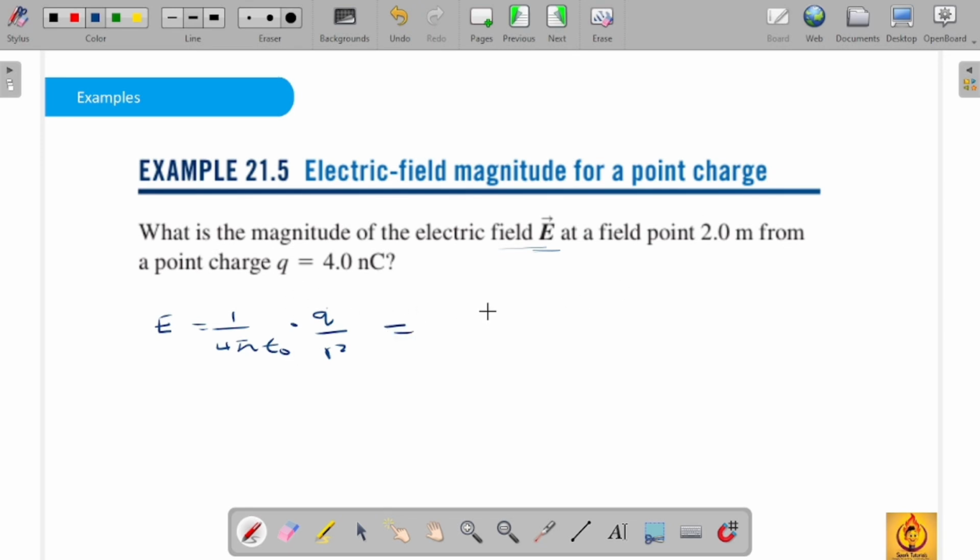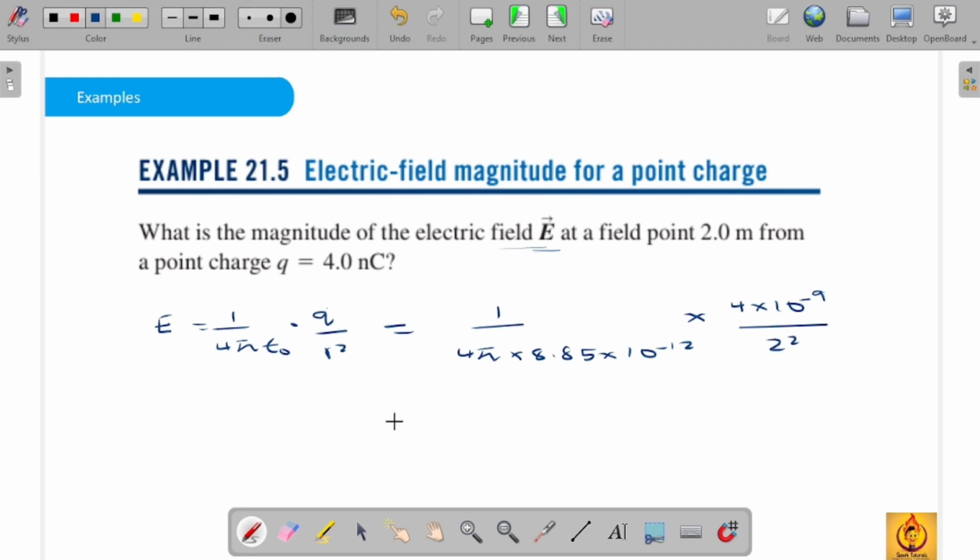So that's going to be 1 over 4 pi times 8.85 times 10 to the power negative 12, multiplied by 4 times 10 to the power negative 9, over 2 squared.